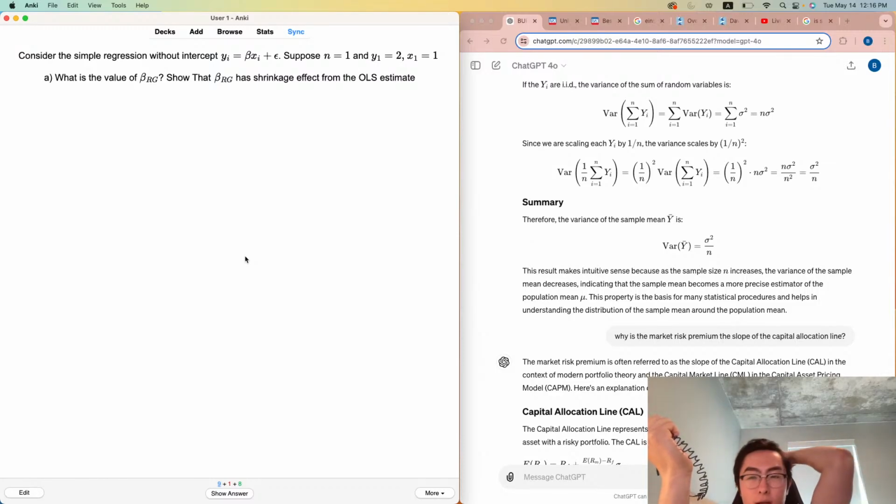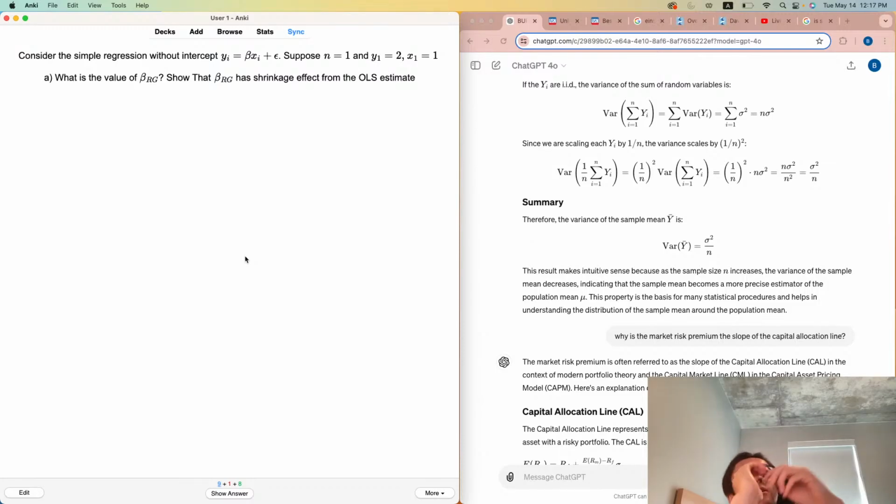So y minus beta ridge would be (2 minus beta ridge) squared, so it would be 4 minus 2 beta ridge plus beta ridge squared, right? And then plus lambda beta ridge squared.